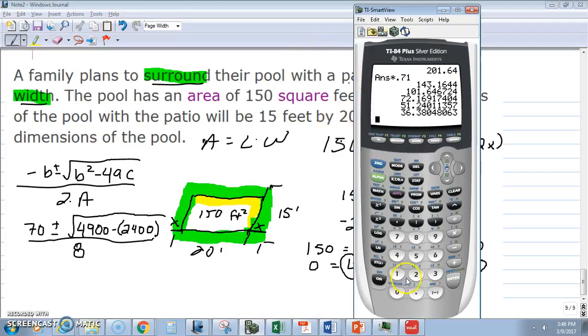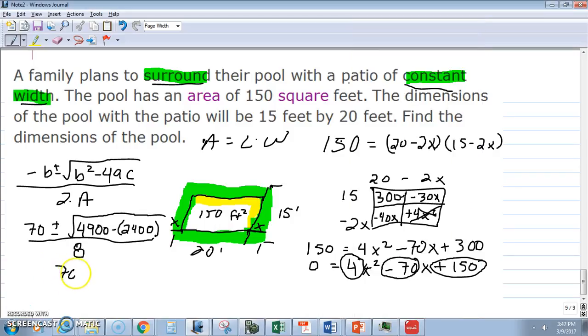Okay, so I have 4900 minus 2400. Cool. And I'm going to take the square root of that. Nice even number. So I have two answers.